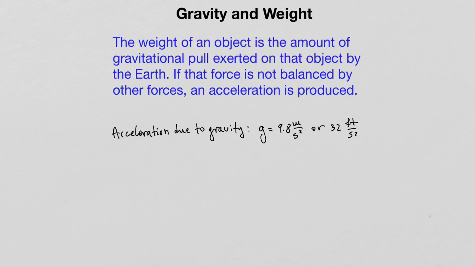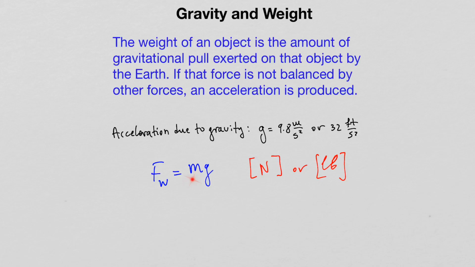So any object released to free fall towards the Earth will move with that acceleration, no matter what the size of the object is. So how do we calculate the weight of an object?